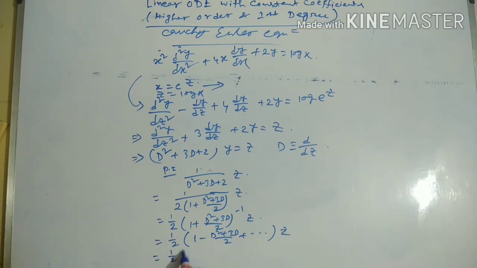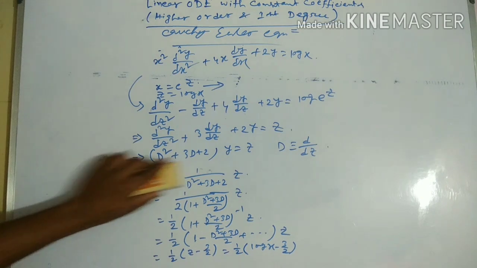So I have not written the remaining terms. So half into z minus... D² of z will be 0, D of z will be 1. So this is the PI. Here I will put the value of z. Z is log x, so half into (log x minus 3/2). So we got our PI.